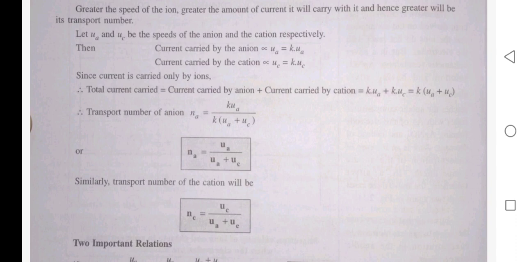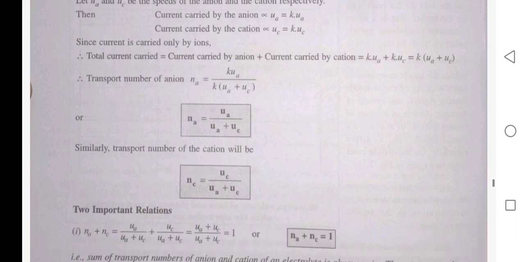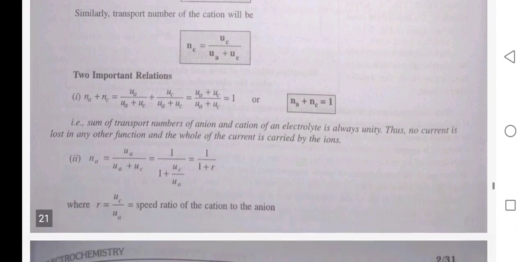Transport number of anion NA is equal to KUA upon KUA plus KUC, so NA is equal to UA upon UA plus UC. Similarly, transport number of cation will be NC is equal to UC upon UA plus UC.